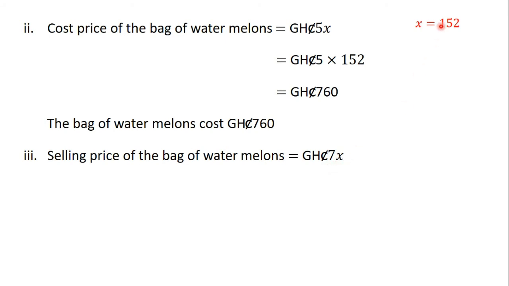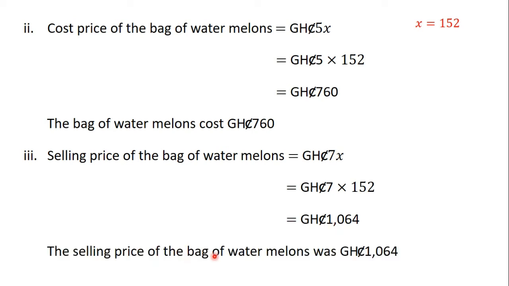We have found out that x is 152, so you just replace x with 152, and this will give us 7 Ghana cedis times 152. 7 times 152 will give us 1064. So 7 Ghana cedis times 152 gives us 1064 Ghana cedis. So the selling price of the bag of watermelons was 1064 Ghana cedis.